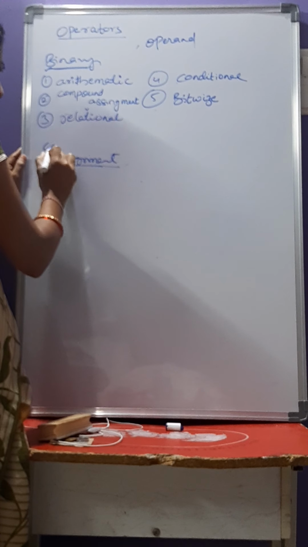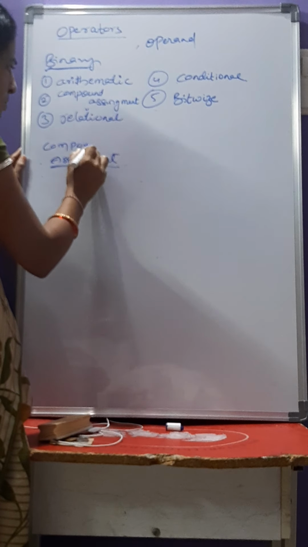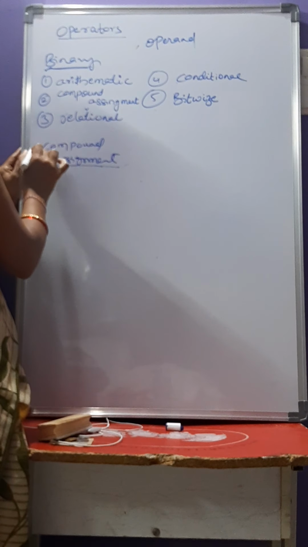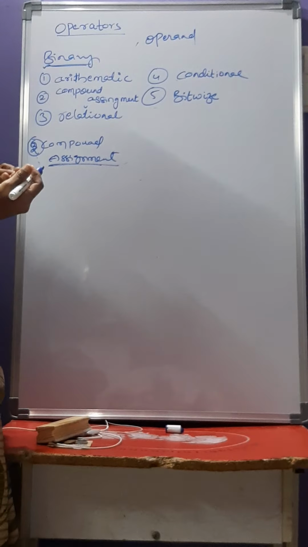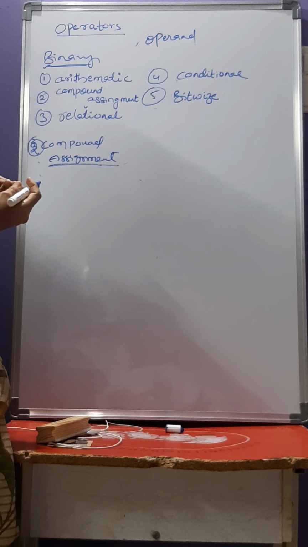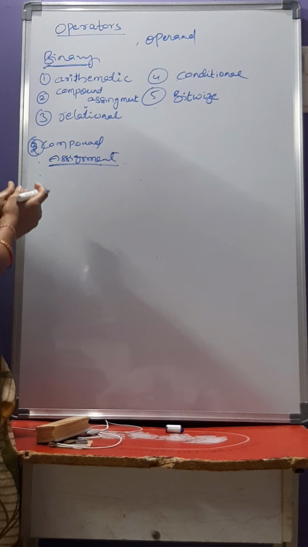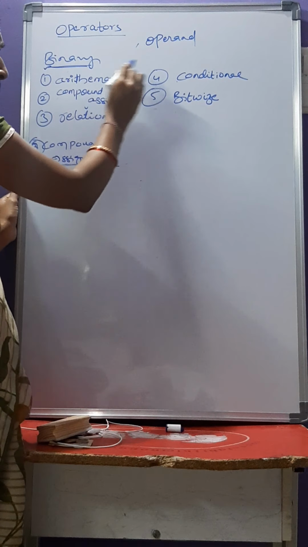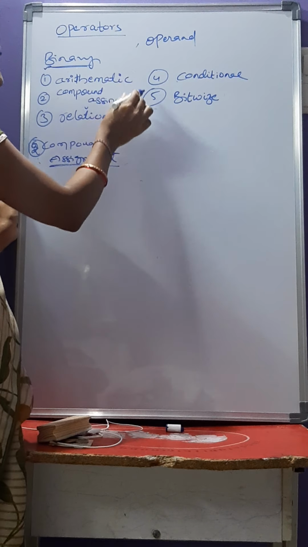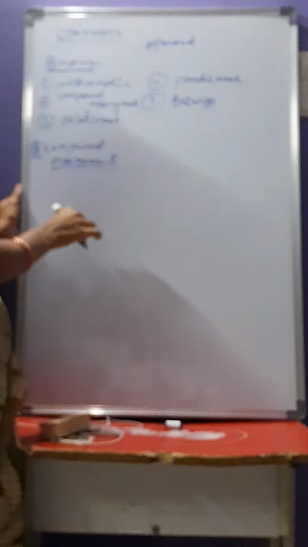Along with the simple assignment operator, we have some compound assignment operators. Coming to the compound assignment operators, each and every operator we have discussed here can be used with the assignment operator symbol.